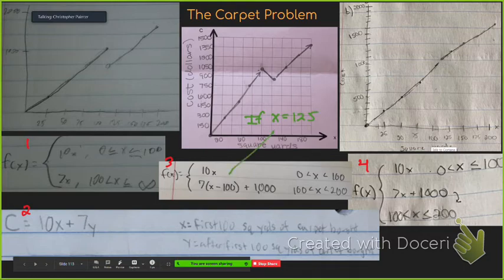So you're saying if x was 125, this right here gets rid of the first 100. That's what you're saying? Yeah. And then we're only paying that $7 on the extra 25. Could you explain to me why this 1,000 is there then?